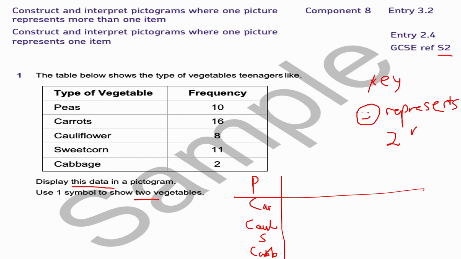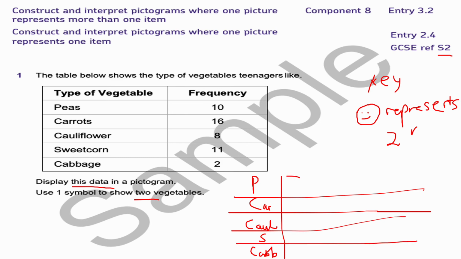Okay. So, the first one is peas. That is 10. So, if each circle represents 2 vegetables, then I'm going to need 5 circles, right? Because obviously 5 times 2 is 10. So, I'm going to need 5 circles, and then I'm going to put a smiley face. Okay, so we know that that represents 2 vegetables.